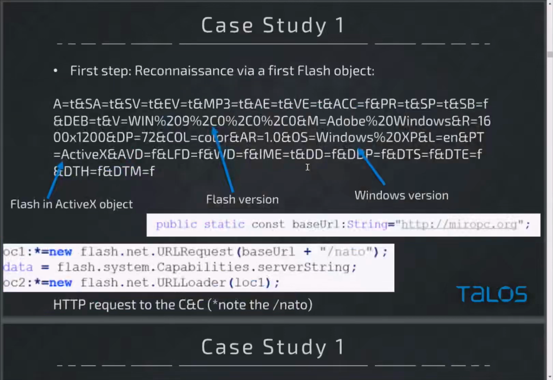And this Flash object did something not really common. In fact, it used a Flash API named capability server strings to generate a kind of HTTP request with information on the system. So, for example, you have the Flash in an ActiveX object.